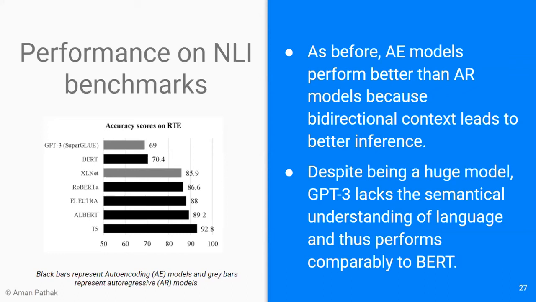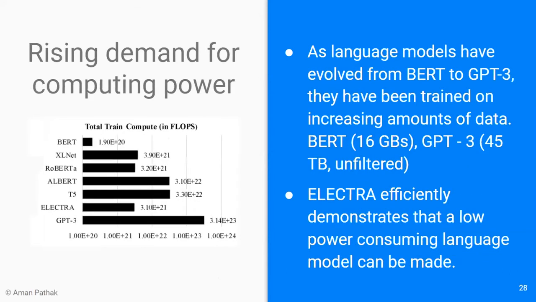So now we move on to analyzing the rising demands of computing power. We all know that by today's standards, machine learning models are data hungry, and providing them with large data also requires enough computing power to train them.